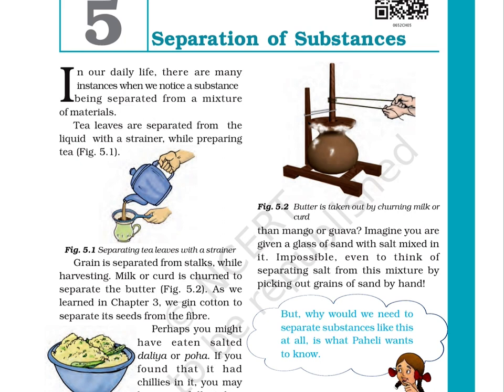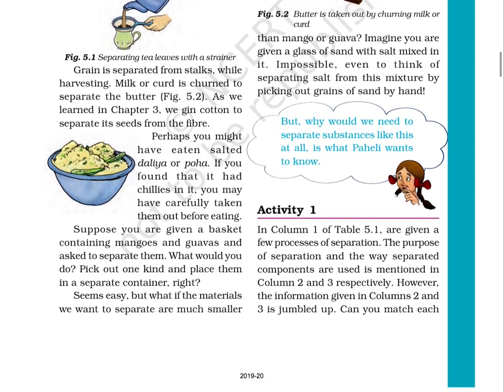Figure 5.1. Separating tea leaves with a strainer. Grain is separated from stalks while harvesting. Milk or curd is churned to separate the butter. Figure 5.2. As we learned in Chapter 3, we gin cotton to separate its seeds from the fiber.